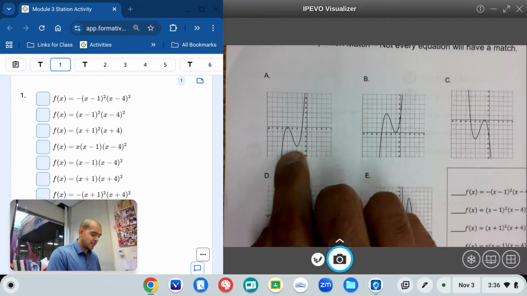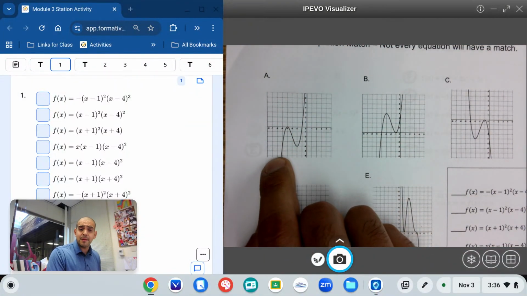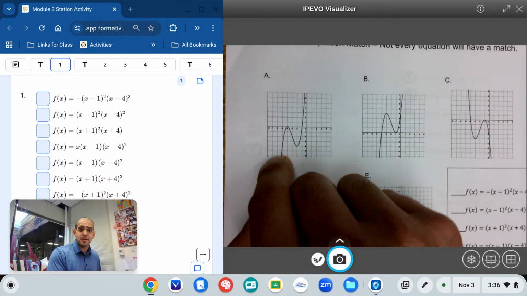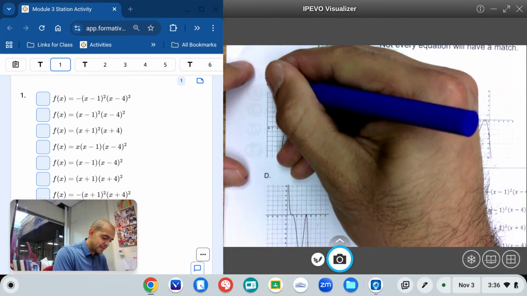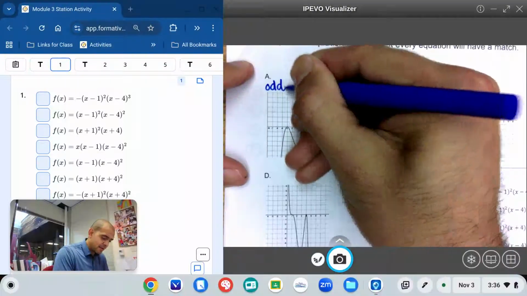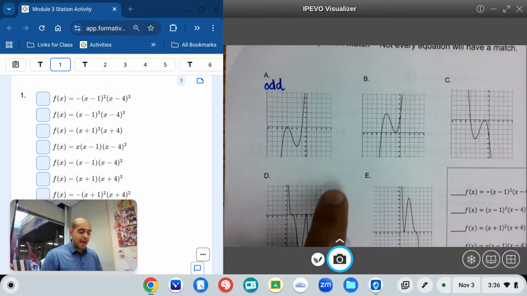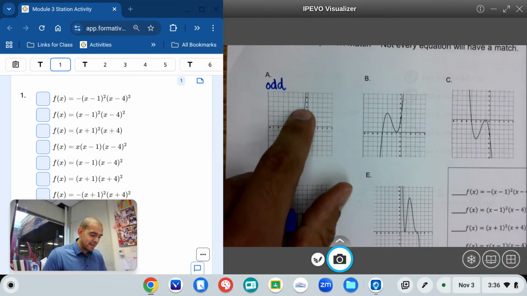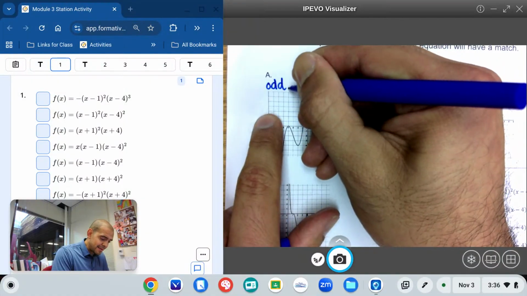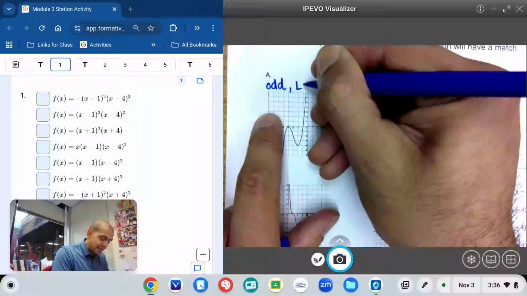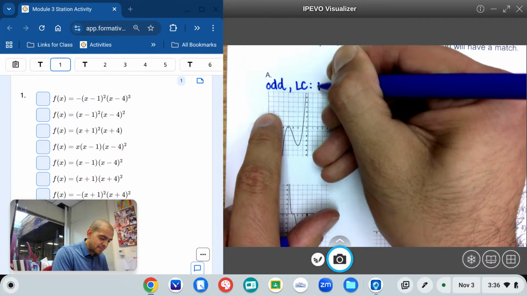So for example, this comes from the negative direction and ends up in the positive direction. So this is the definition of an odd polynomial. Now, where does it end up? It ends up in the positive region. So that tells me my leading coefficient is positive.